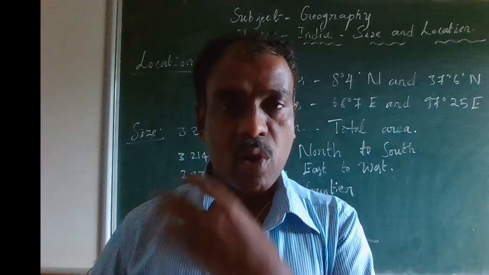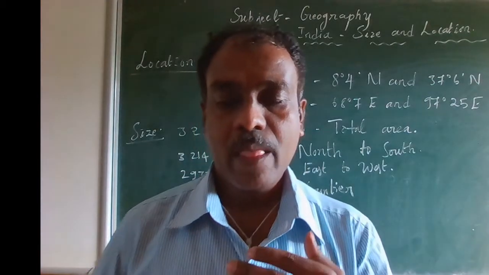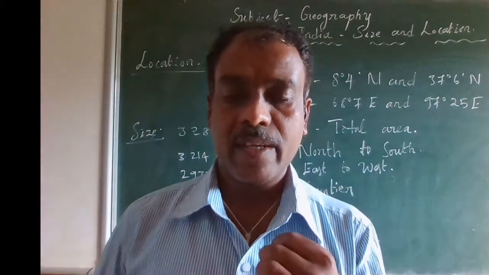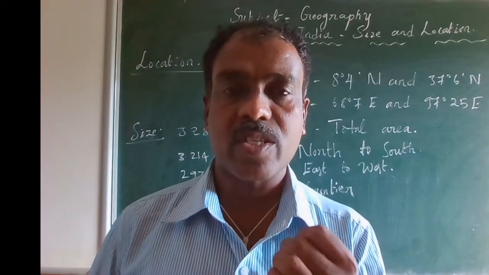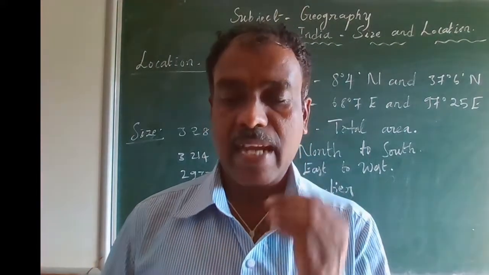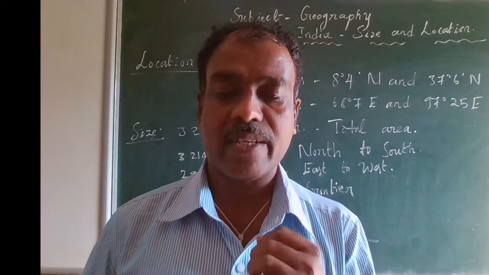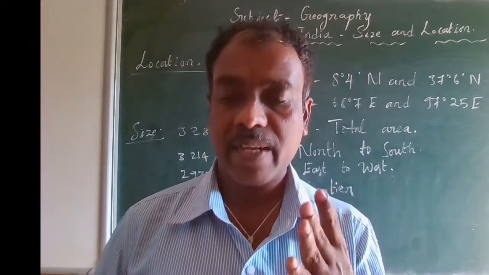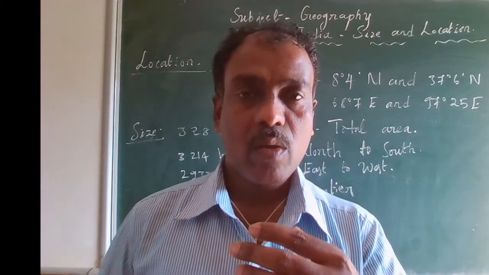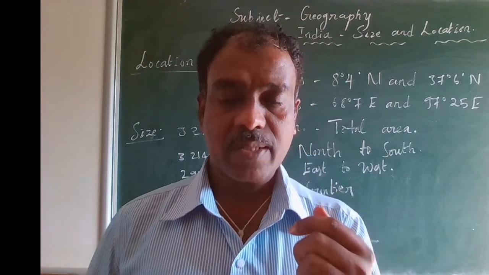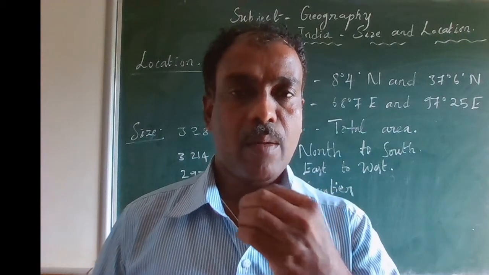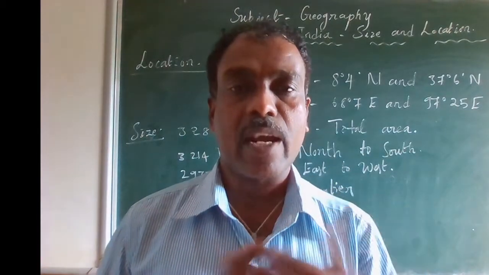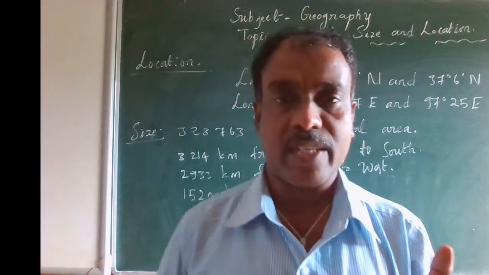So to solve this problem, we consider 82.30 east longitude as the standard meridian of India. It is all about maintaining an equal timing system throughout the country.